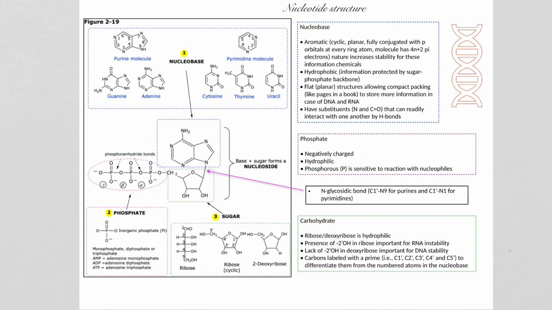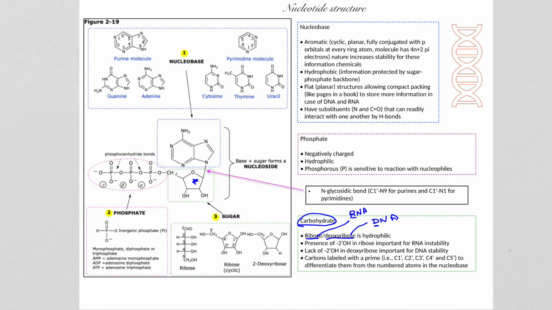The third part of nucleotide is the carbohydrate. And this carbohydrate is a monosaccharide. It could be either a ribose, in case of RNA, or in case of DNA, it is a deoxyribose. So the D here stands for deoxy, and the R in RNA stands for ribo.